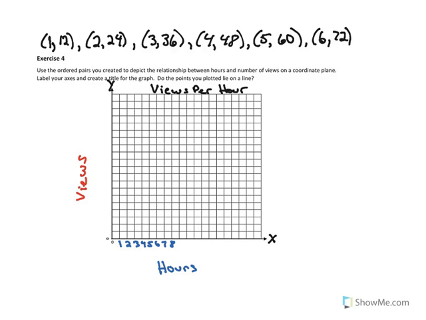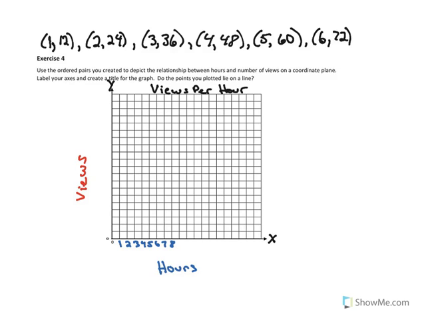Now for our views, here's where it gets a little weird. We have to decide what we want our increments to be. And we need to make sure that we can fit all of our data points onto this coordinate plane. If we did it in 1, our data points would not go as high as 72. But we could pick another number. Some might want to pick 12, but then our coordinate plane becomes very small and kind of stuck together.